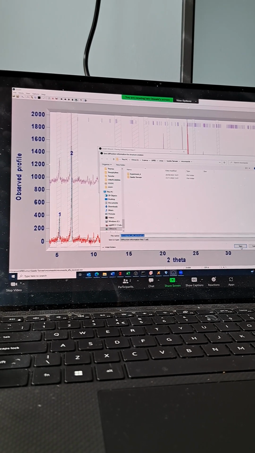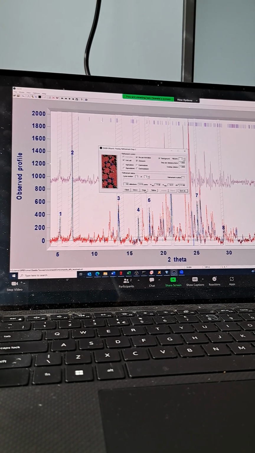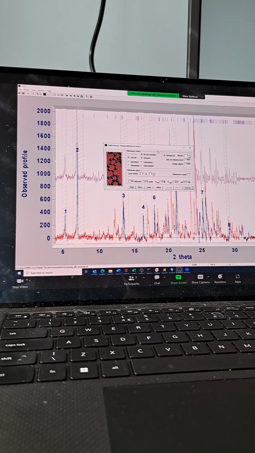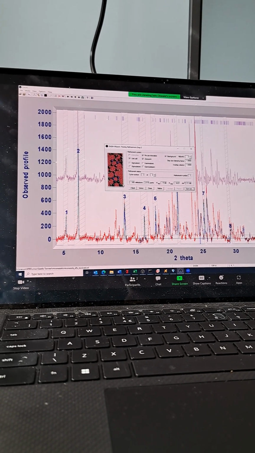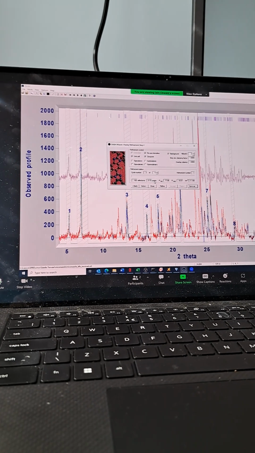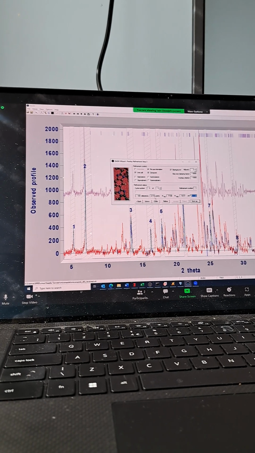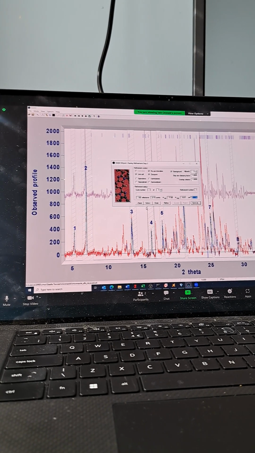Well, sure. With the indexing, if you've got known unit cell parameters, then you should be able to input those. For example, this gets you past the Pawley refinement. If you've used the unit cell parameters with your data, then you should get nice, very low chi-squares. This isn't working particularly because it's the wrong stuff.